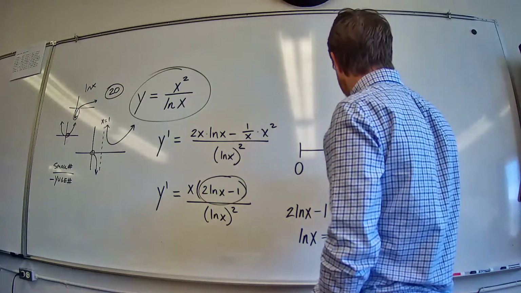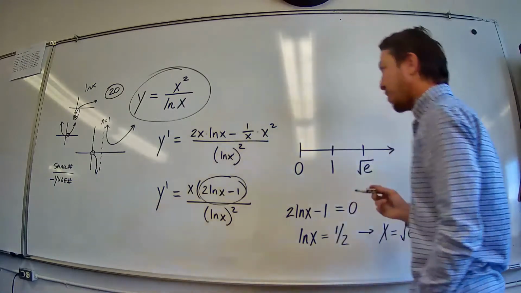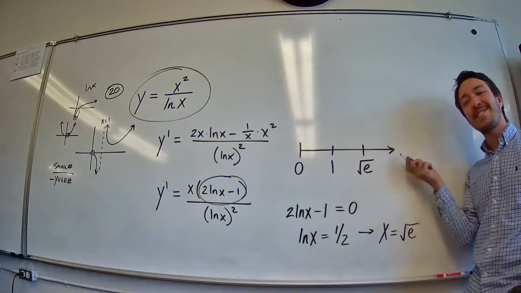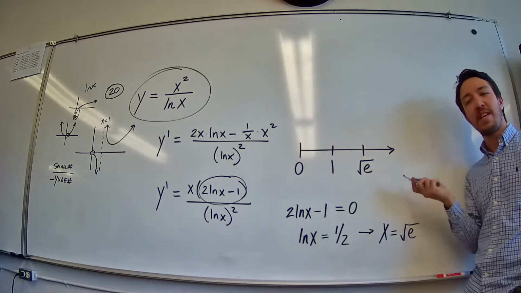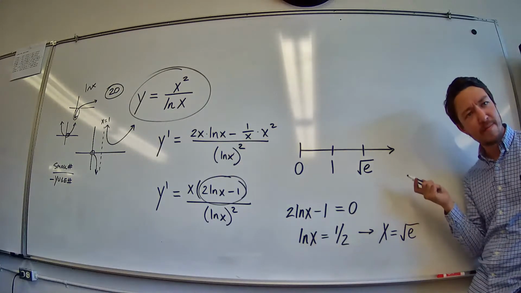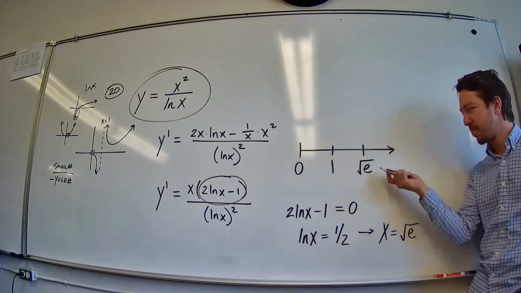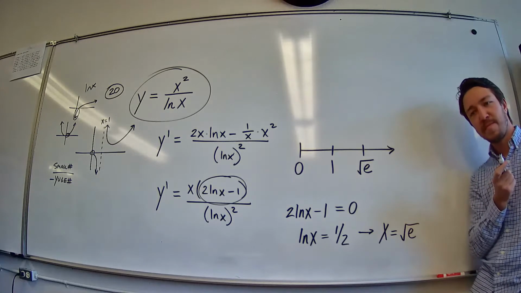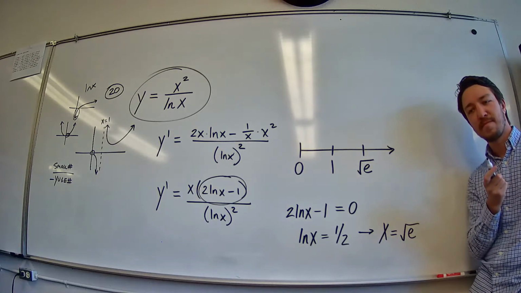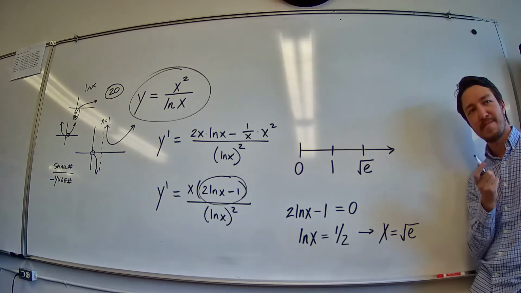Oh, that's pretty. That's a nice number. The square root of e. Well, this is another one of those moments where I was like, Jesse, you could have done a pretty number. But whatever, it's fine.